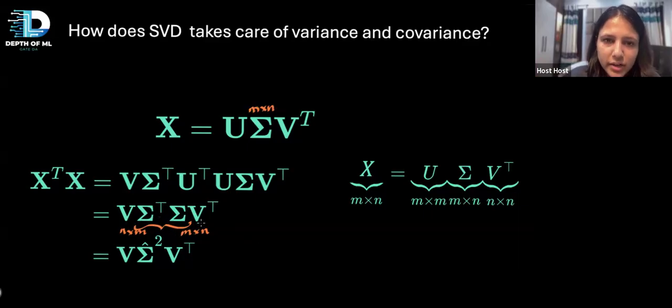And see, I started with this definition of X that I will take the SVD. Even when I am taking X transpose X and I'm doing diagonalization, this V matrix is same, which is coming from the SVD, right?